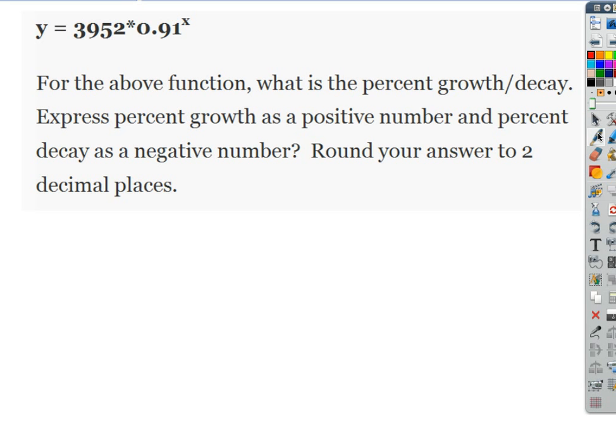What's b? Okay, so the growth or decay factor is growth or decay? Decay. So the decay factor, b, is 0.91. Now that's got to be equal to 1 plus or minus r, right? I mean, r in this case is going to be positive or negative. Negative. Yeah. What's r going to be?